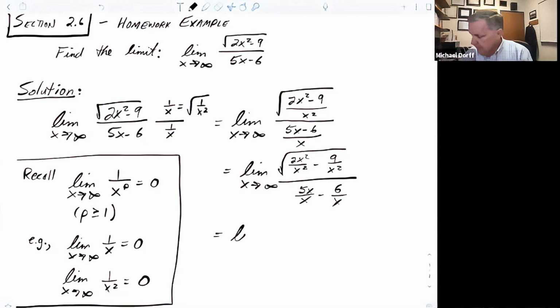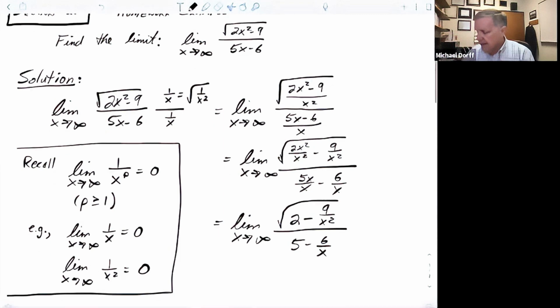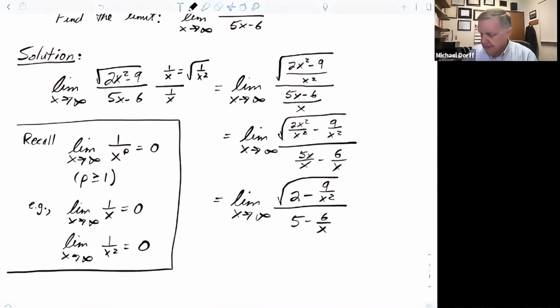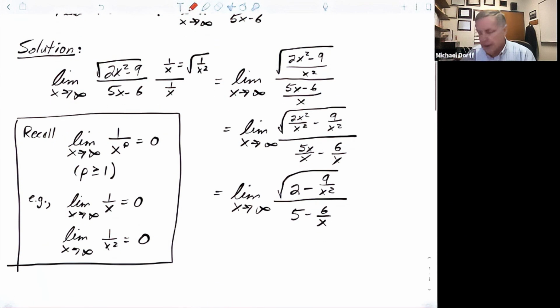Then I can do one more step and simplify that, and I get the square root of 2 minus 9 over x squared in the top, and 5 minus 6 over x in the denominator. Now we'll use this property that's in this box to the left here, and that tells me that the 9 over x squared is going to be 0, all right?